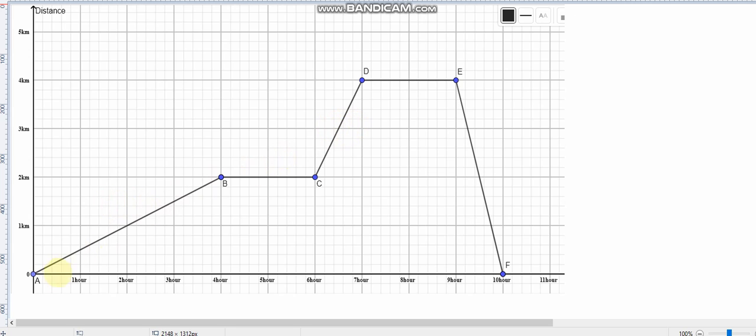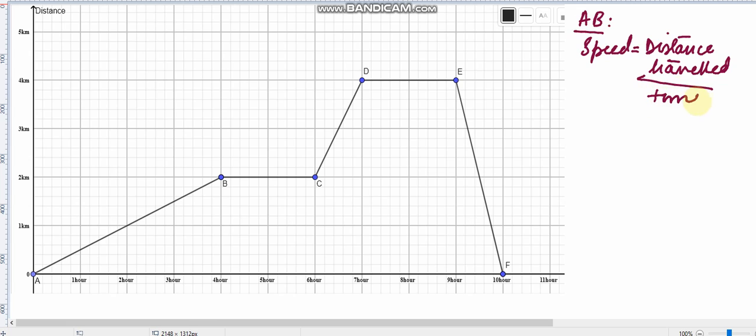So for this segment A to B, we are calculating speed for A to B. First, let's discuss the formula of speed. Speed is equal to distance traveled upon time taken.